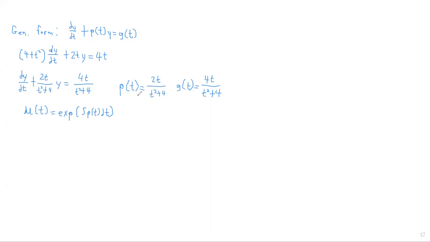So the integral, the antiderivative of p of t is just ln of t squared plus 4. So here it's just exp of ln of t squared plus 4.